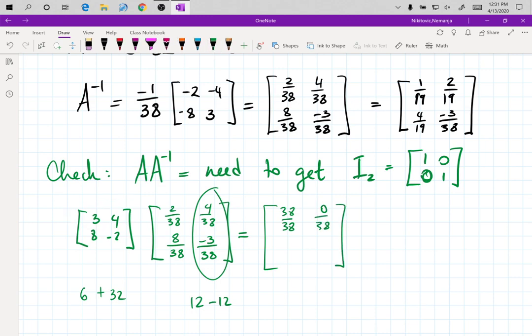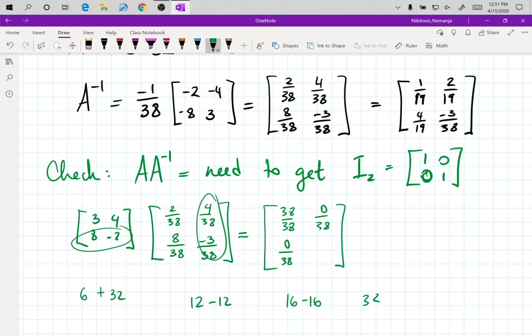Then we move to the next row and column. 8 times 2 is 16. Negative 2 times 8 is negative 16. So that gives us 0 again. And finally, 8 times 4 is 32.